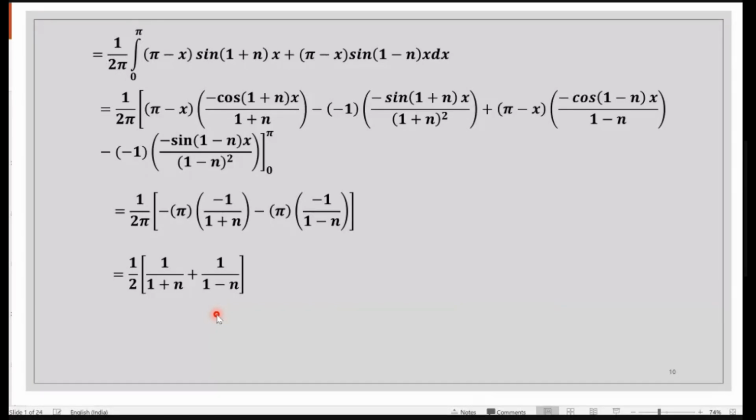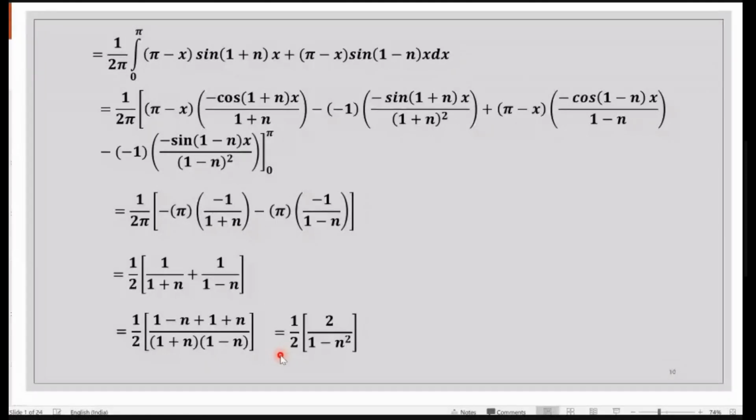So 1 upon 1 plus n plus 1 upon 1 minus n will become 1 minus n plus 1 plus n upon 1 plus n into 1 minus n. n will get cancelled, 2 by 2 into 1 minus n square. Or I can write 1 upon 1 minus n square.